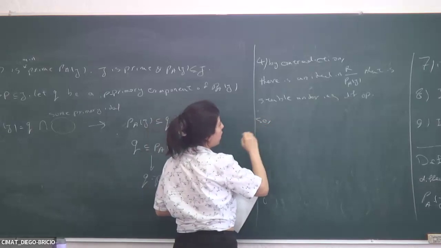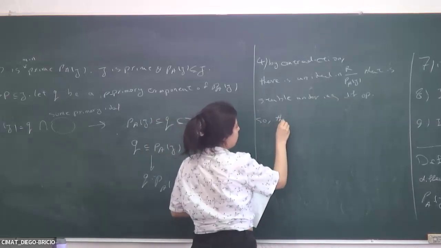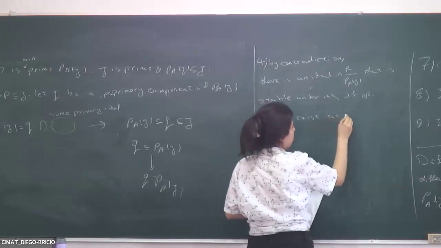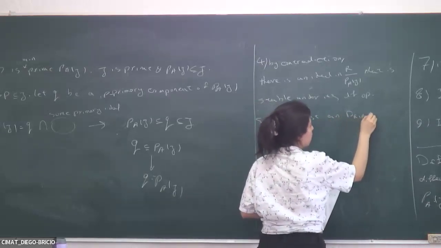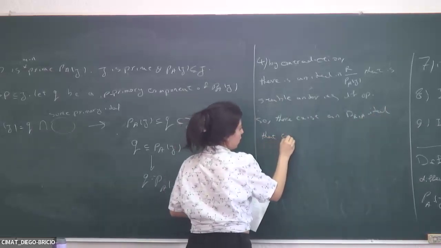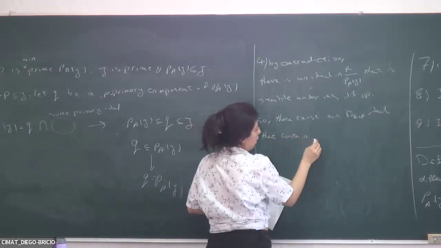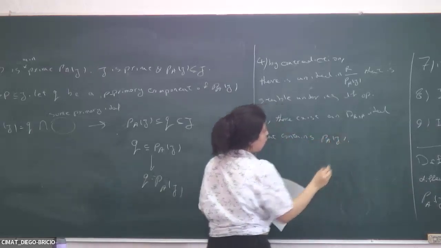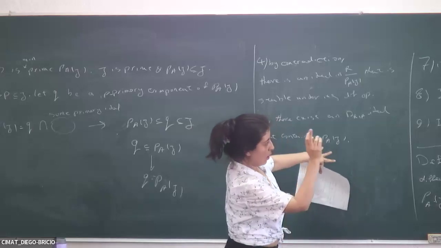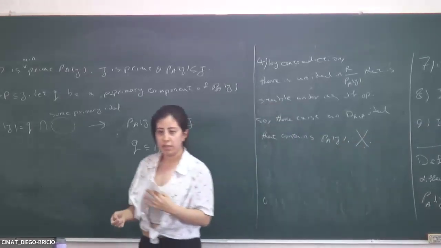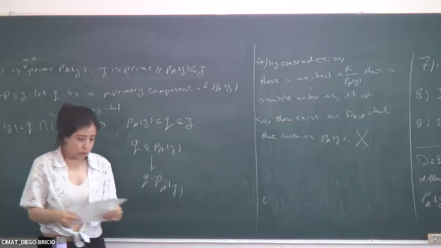So in this case, there exists a P R over R ideal that contains rho R J. So in this case, according to this part, we have a contradiction.